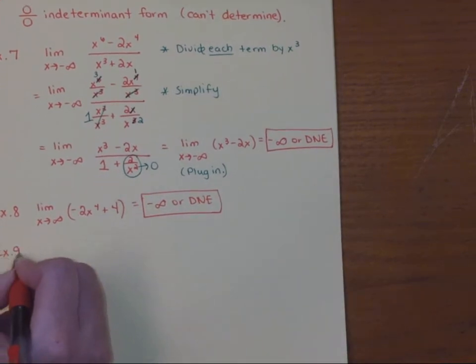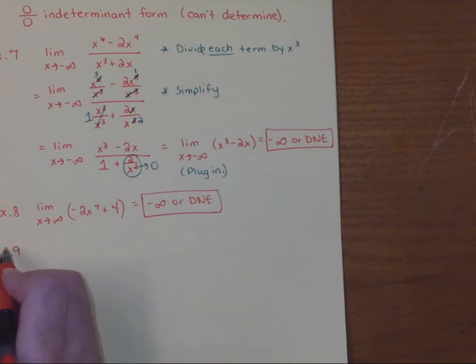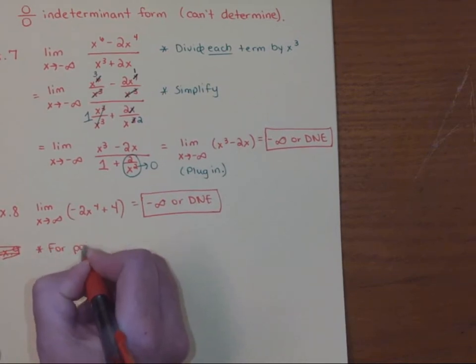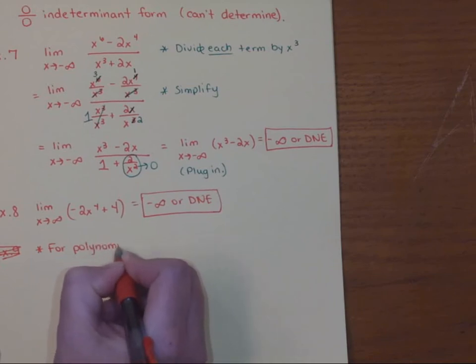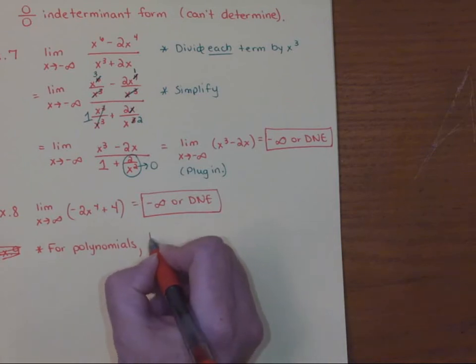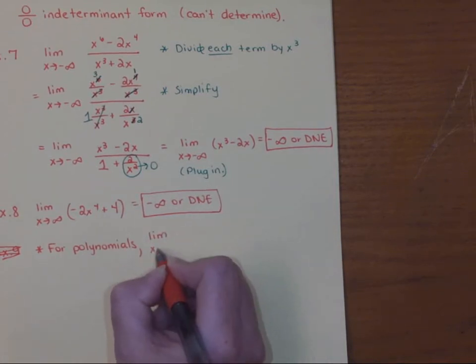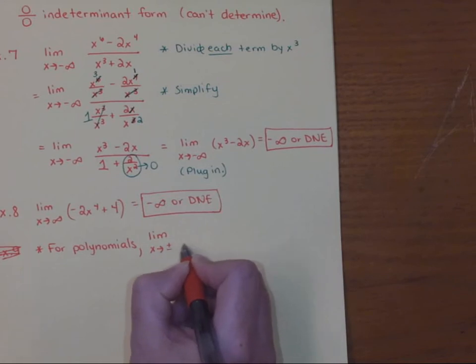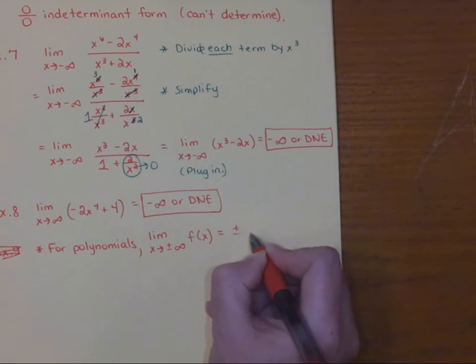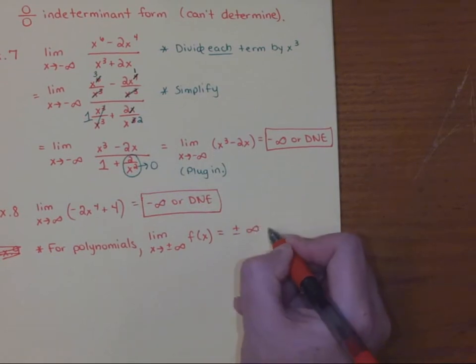All right, so for the last question of this lecture, before we do that, let's make a statement here. Polynomials are just multiple termed expressions where x is raised to a positive whole number. So it could be x squared, x cubed, x to the 4th, x to the 12th if we wanted. But for all of those type equations where we don't have a fraction, the limit as x goes to positive or negative infinity of that function is either going to be positive or negative infinity.